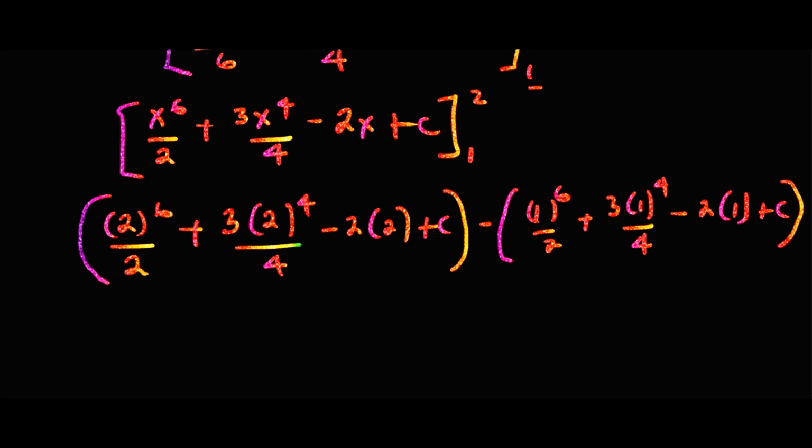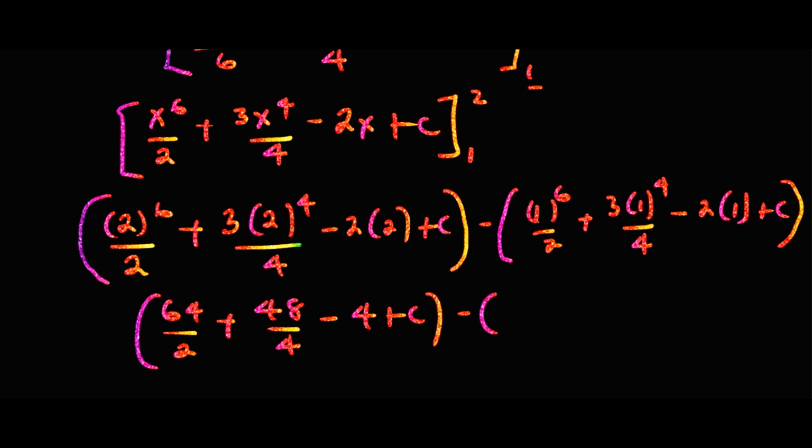So if we simplify this, 2 raised to the power 6 is 64, and that is over 2 plus 3 times 2 raised to the power 4, that will be 48, that is over 4, minus 2 times 2, which is 4, now plus the constant of integration.